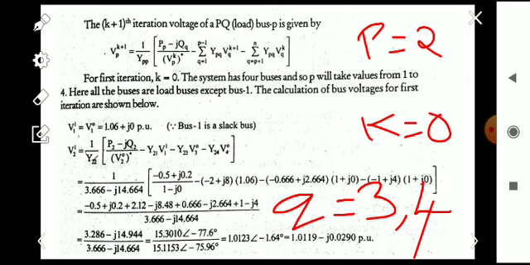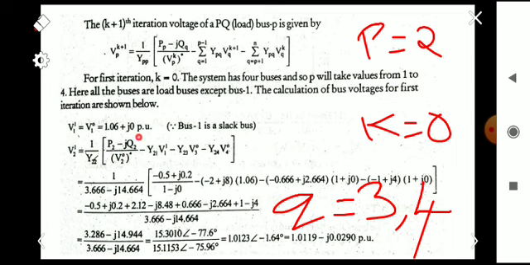Here you can see Ypq, Y23, then V_q^k, considering q as 3 first, so V3^0, minus, then q taken as 4, Ypq means Y24, then V4^0.